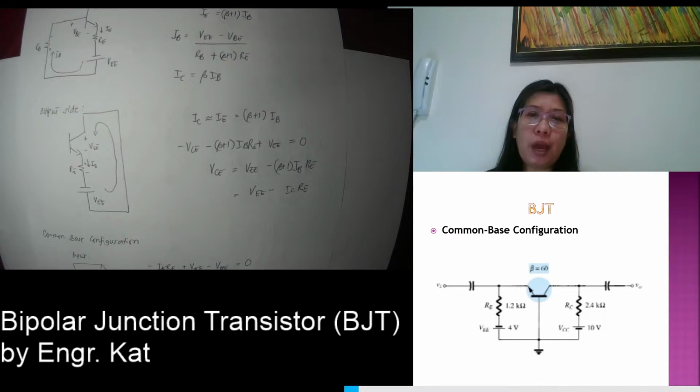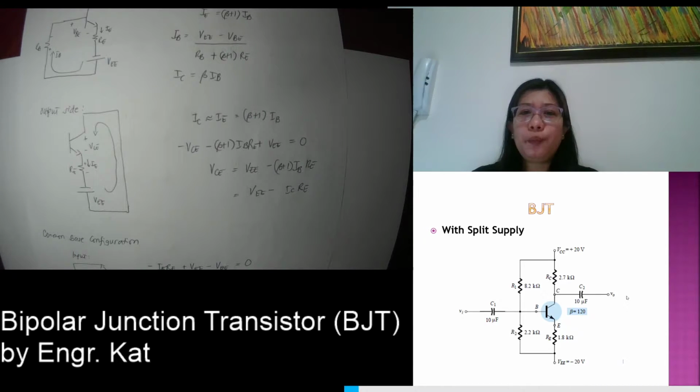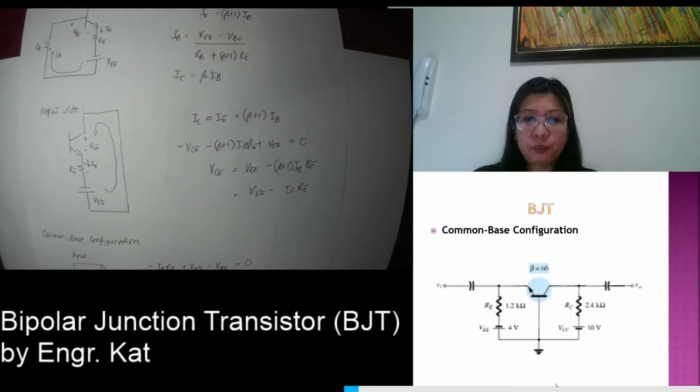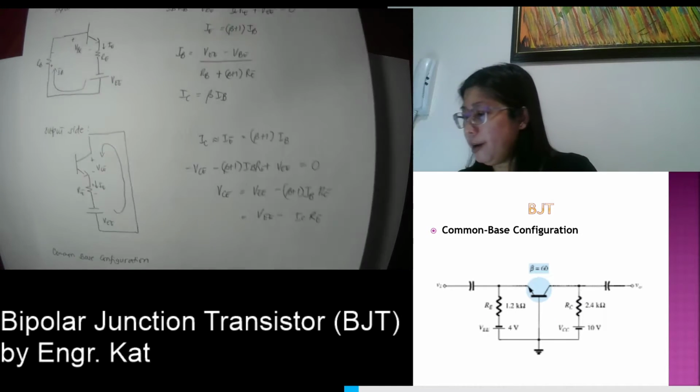So how are we going to analyze this? The analysis is still the same. We're going to separate your input side and your output side. The input side is between the emitter and the base, while the output side is between the collector and the base.